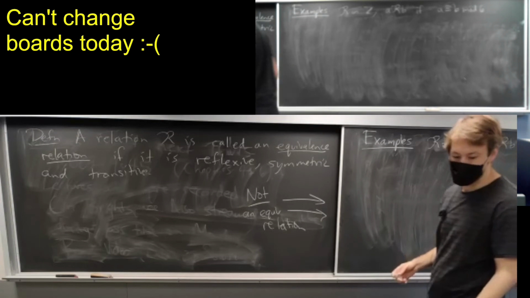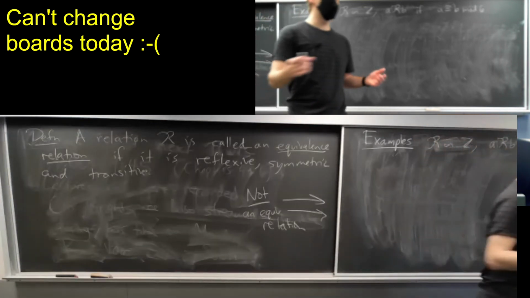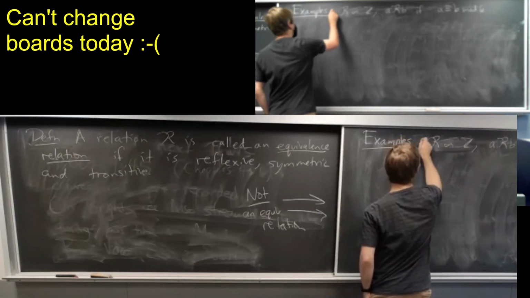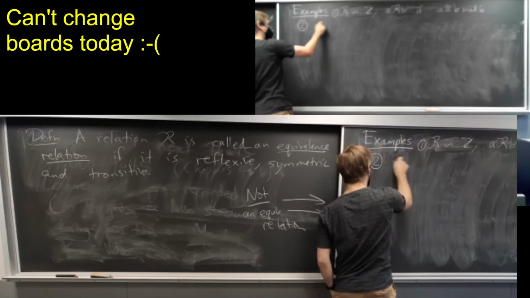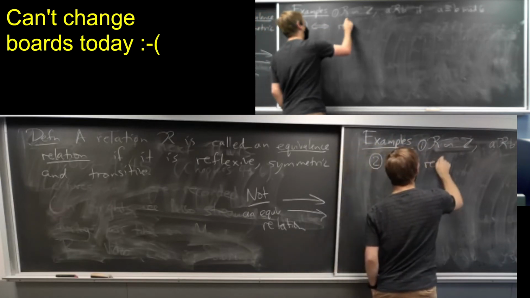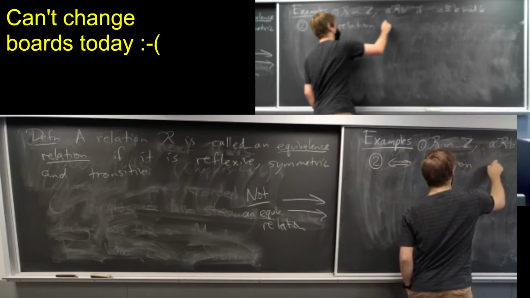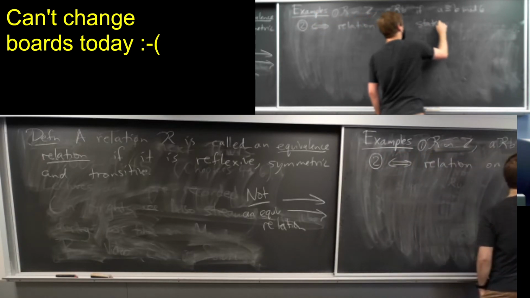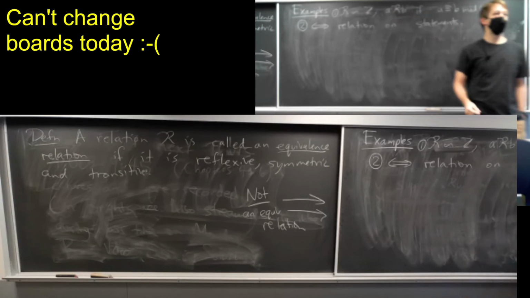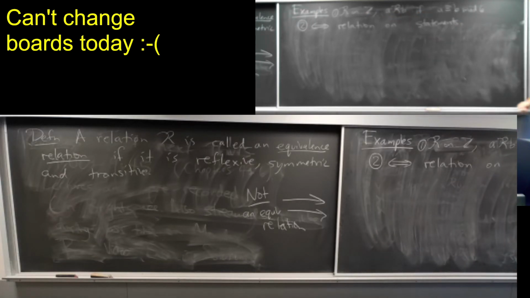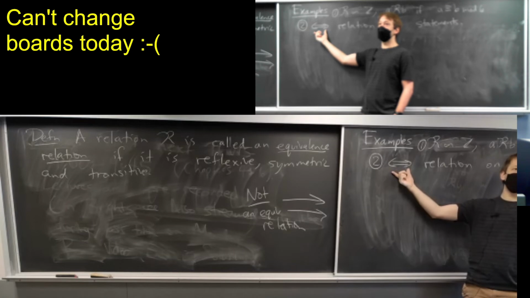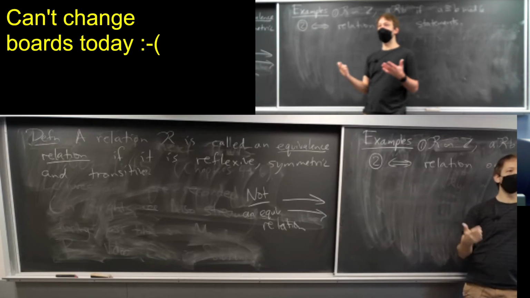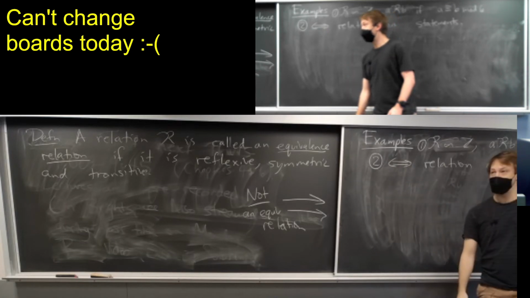Other ones that we know are, for example, logical equivalence, the logical equivalence relation on statements. It's called logical equivalence, but it's an equivalence relation, so the name sort of fits.